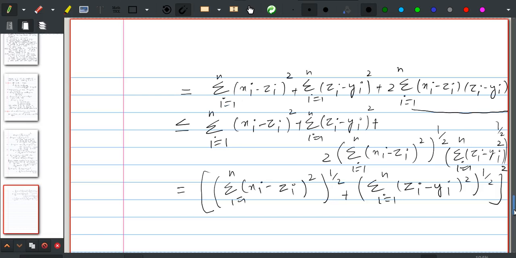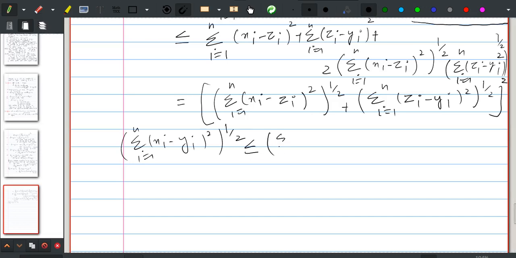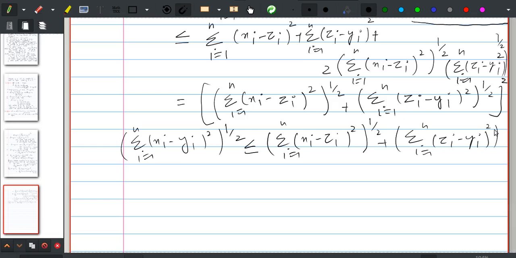So on simplifying, on taking square root on both sides, we get sigma i runs from 1 to n (xi minus yi) square, taking square root on both sides, this is less than or equal to sigma i runs from 1 to n (xi minus zi) whole square power 1 over 2 plus sigma i runs from 1 to n (zi minus yi) whole square power 1 over 2.